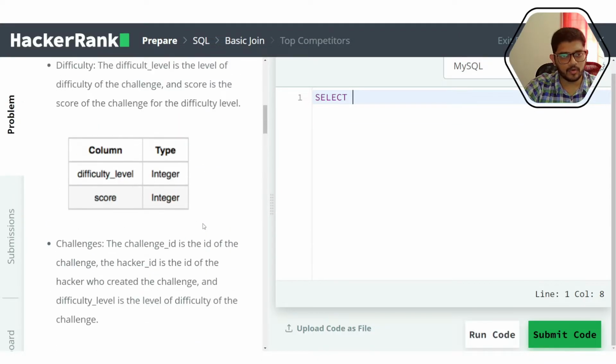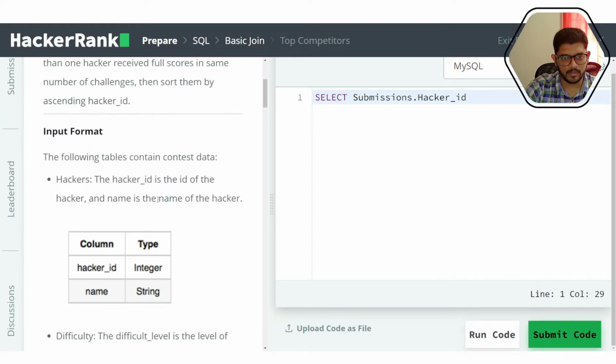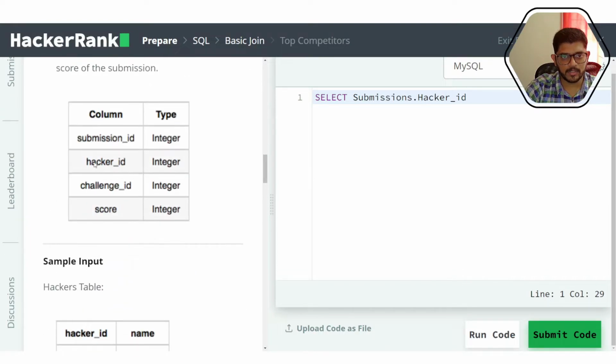Okay, so we have to select submissions dot hacker ID. Submissions dot hacker ID. It's not case sensitive, but let's try to avoid confusion. So submissions dot hacker ID, and that is one thing we need to select.